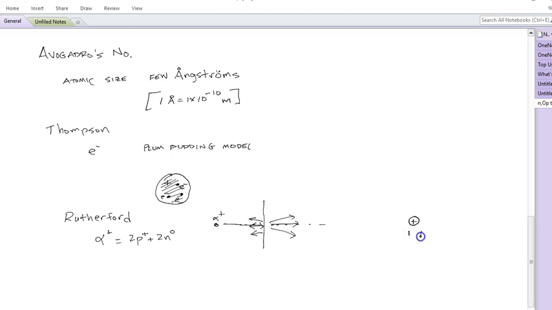In fact, it has to be on the order of 10 to the minus 15 meters, which is a femtometer, F-E-M-T-O. So you can get backscattered when this incoming alpha particle comes right in along this line, gets slowed down and repelled by this extremely concentrated positive charge of the atom.